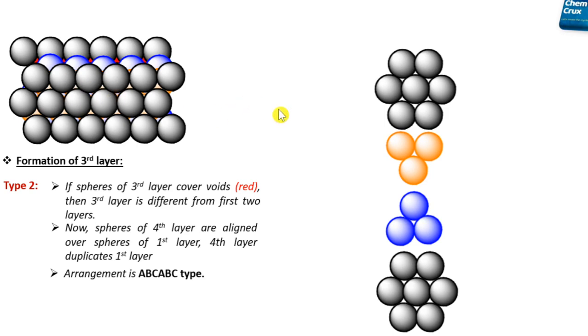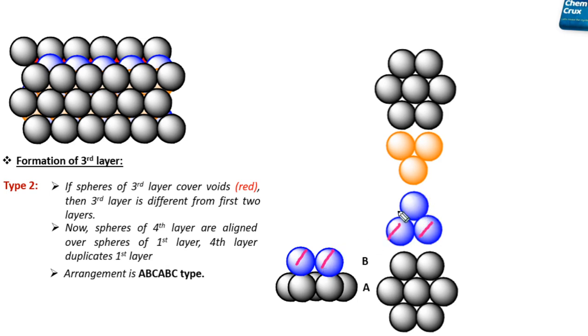Now if I want to view the arrangement from the front, this is the first layer of type A, right? Now I will add the second layer of type B. So the spheres that you can see are these two spheres.